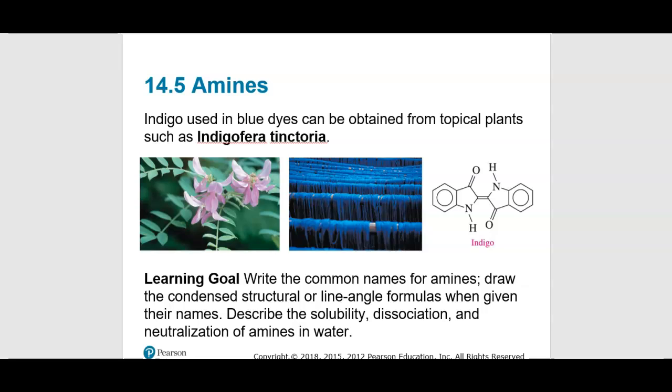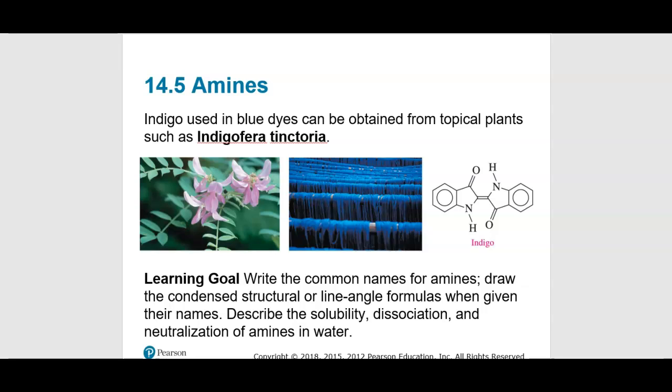If you look at this structure here, you've got those two nitrogens which have attached to, well, they both have NH bonds, and a couple of the other NH bonds have been replaced by bonds to carbon. So these things are basic. They're pretty much the quintessential organic base, and amines actually show up in a lot of things. They talk about these things being used in blue dyes, indigo, but the amines show up in amino acids. Amino acids are amines.